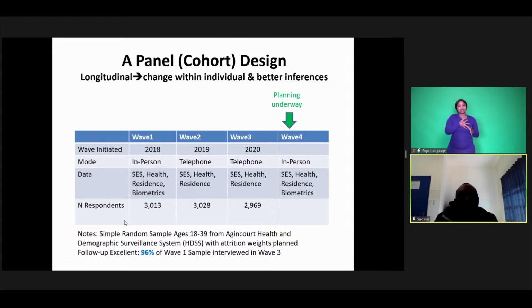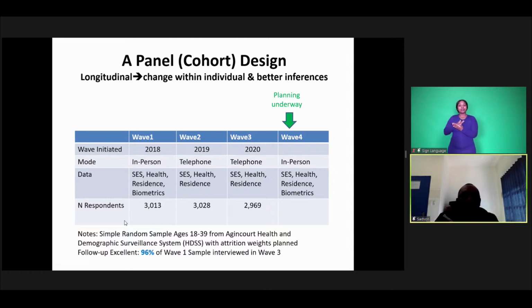Wave 2 was generally a telephone round, and similar to wave 3. But in wave 4, we're going to do the same as we did in wave 1: face-to-face encounters, and then collecting biomarkers and dry blood spot tests for HIV, ART, and the level of blood sugar.